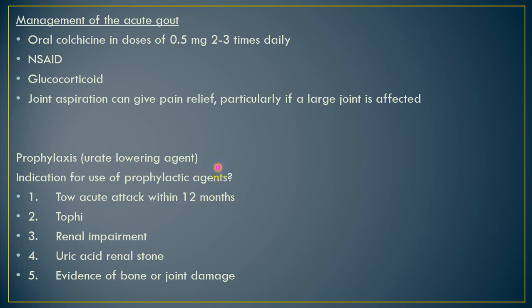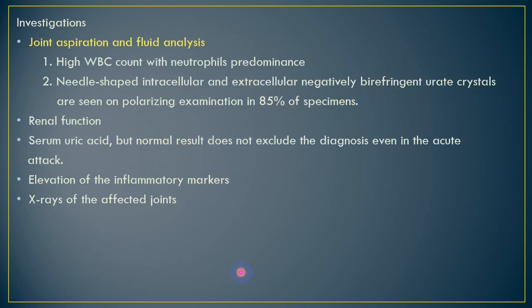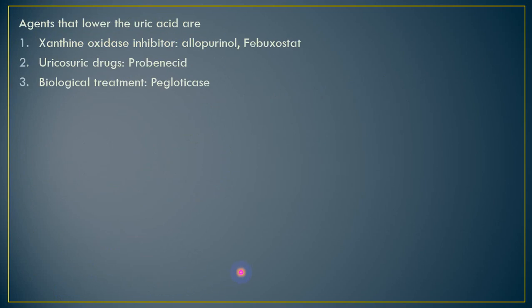Any patient with tophi or tophaceous gout, any patient who has renal impairment caused by gout, or any patient with recurrent uric acid renal stones, or finally if there is evidence of bone or joint damage by imaging. So that is why we need an X-ray of the affected joint.